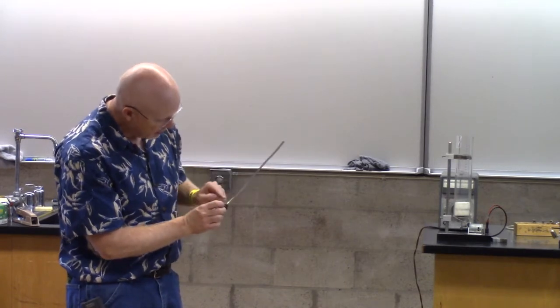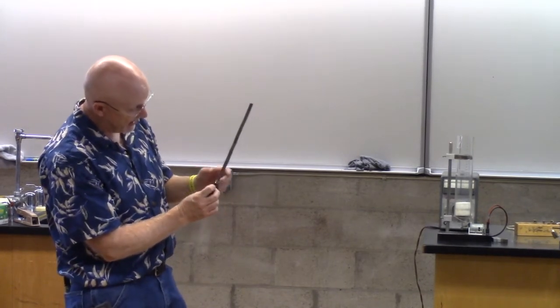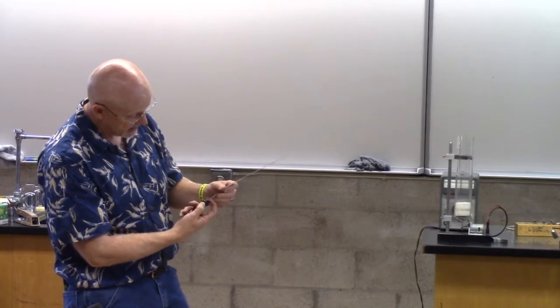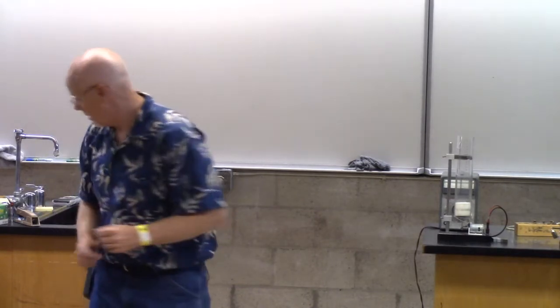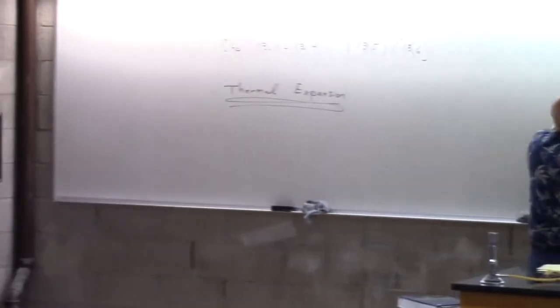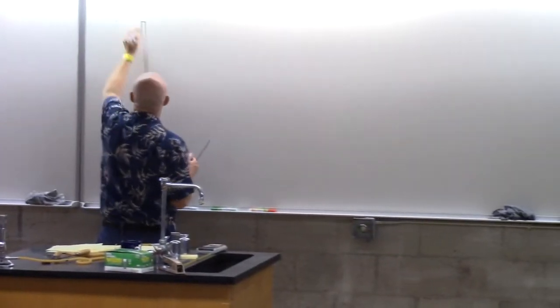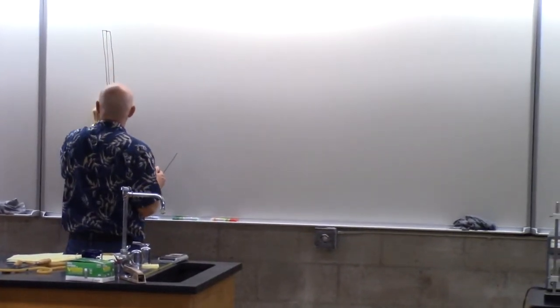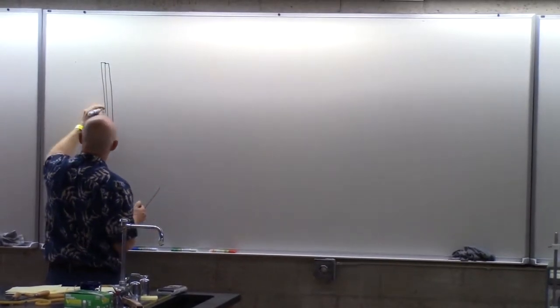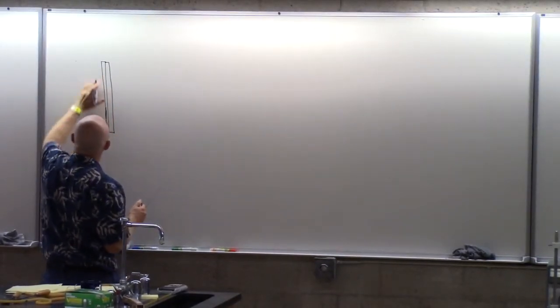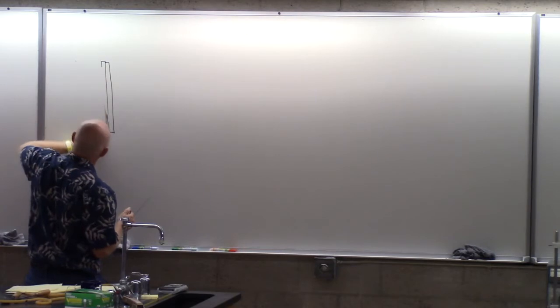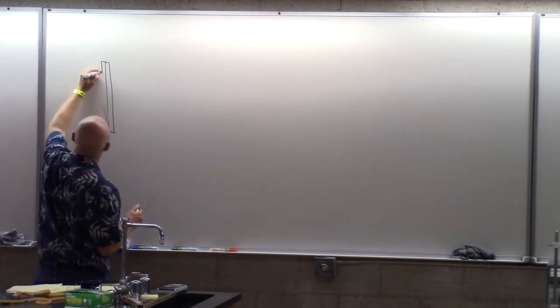It's hard to tell because they kind of look the same, but when you look down here where the flame hasn't been on it, you'll see it looks like stainless steel on that side and then brass on this side. And so if I draw a picture, I would say it looks something like this. I've got one metal strip and another metal strip. Let me try to give them about the same width.